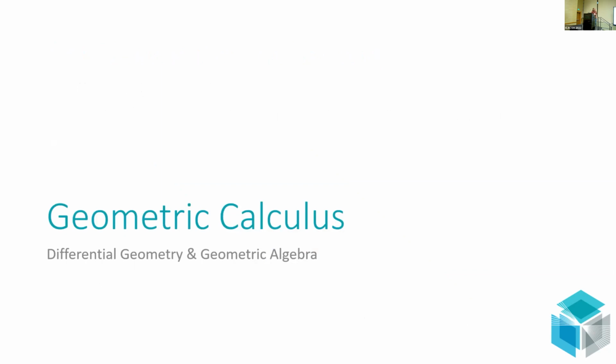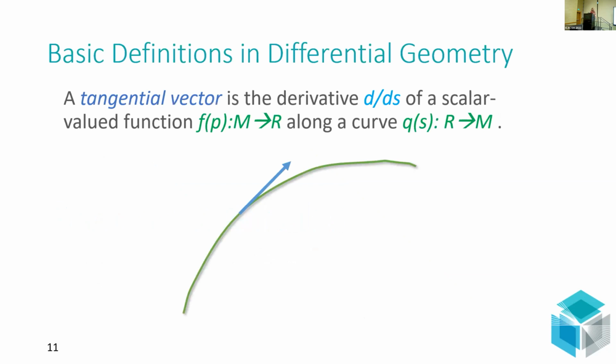Geometric calculus is the interesting part of how to unite differential geometry with geometric algebra. It's a very important mathematical field. I'm not going into the calculus part, only discussing the structures of the basic elements we are dealing with. So in differential geometry, we have the concept of a tangential vector as a derivative along a curve. We have a function that maps from a manifold to a real space, a different curve.